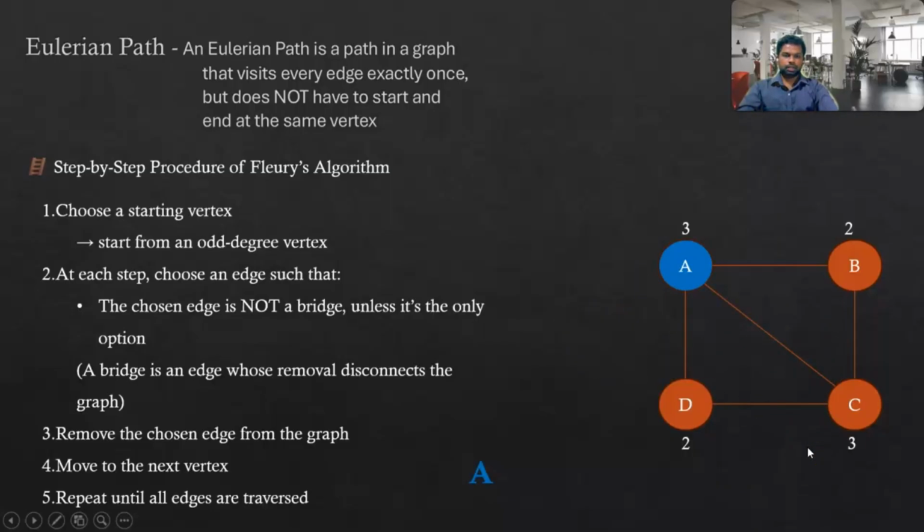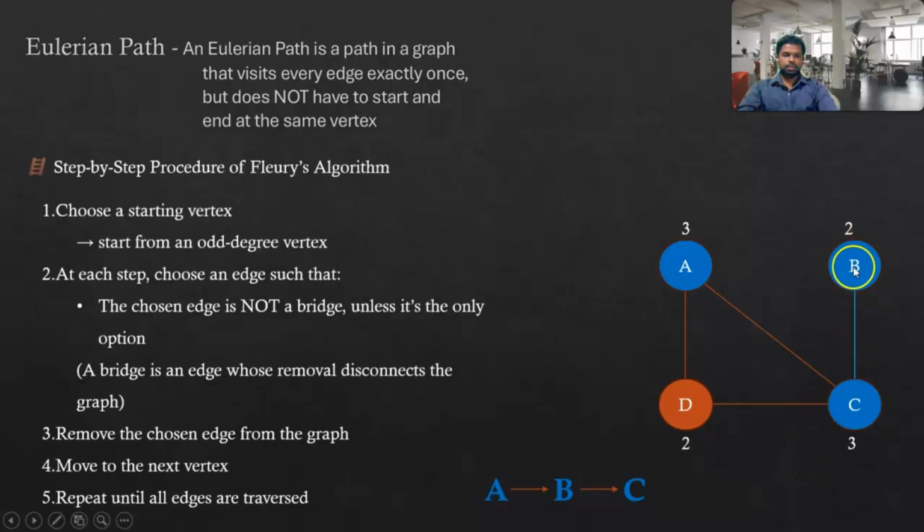So we are going from A to B, deleting the edge between A and B, and we still have a connected graph.